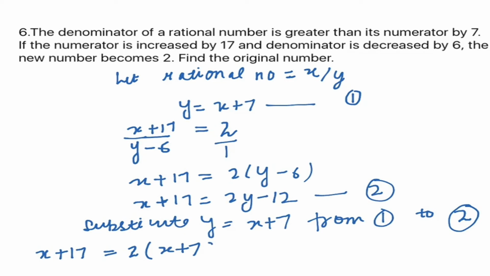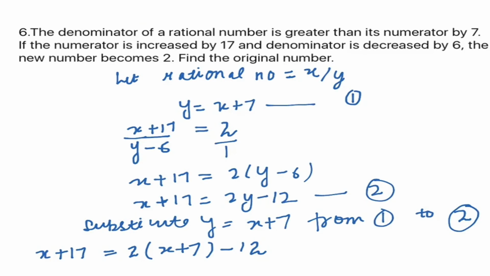Now we will solve for it. So x plus 17 is equal to, we will multiply 2 with the number inside bracket, it will give us 2x plus 14.